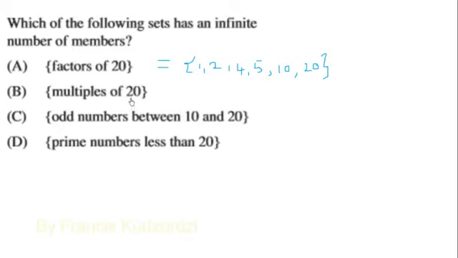Multiples of 20: we start with 20, then we get 40, multiplying by the counting numbers, then we get 60, and so on and so on.